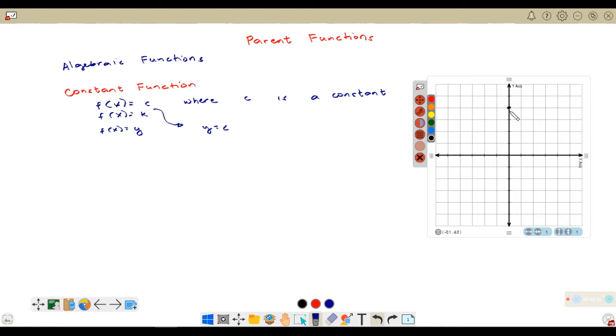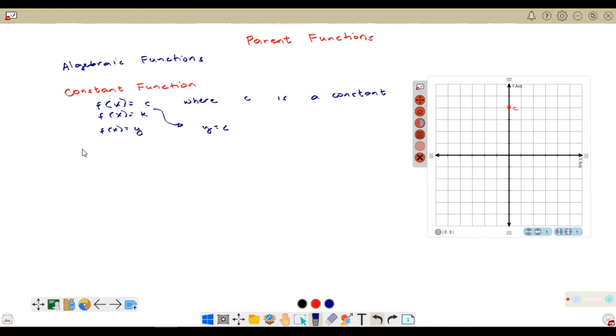Say for example, this is where c is. Let's make it red. We don't know the exact location, but this is where the point C is. Now, what will be the graph of this equation? F of x is equal to c. So, for every value that you substitute in x, it will always end up with c.